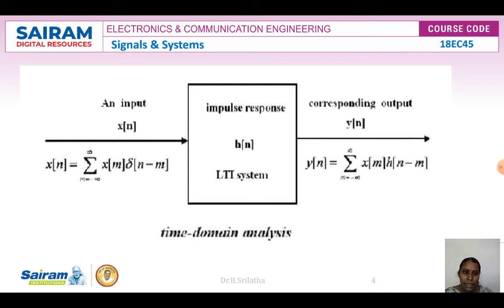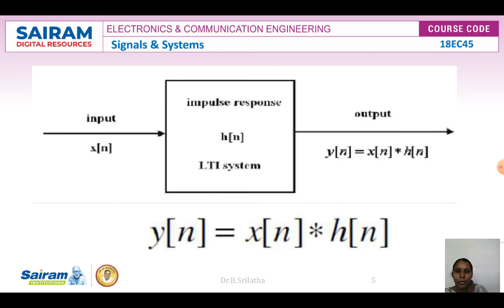Now the same thing in our output equation: y of n is equal to the summation over m from minus infinity to plus infinity of x of m into h of n minus m. This is a simple block diagram of impulse response for the time domain analysis.